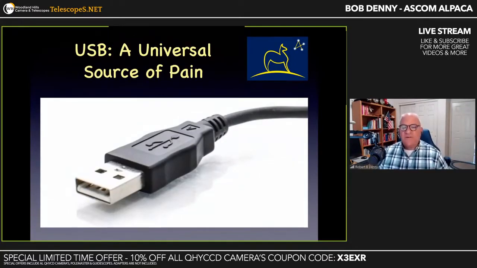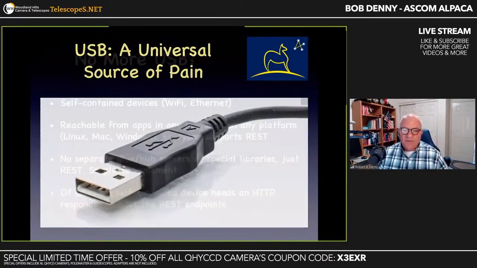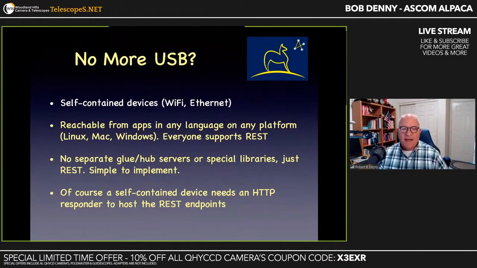One of the things we all know is how USB is such a pain in the neck. What we're hoping will happen in the medium to long term, and it'll take a while, is the device makers will make Wi-Fi or internet connectivity for their devices. So you'd have a mount with Wi-Fi on it, or a focuser with a little baby processor, and the Pi has Wi-Fi on it, right?